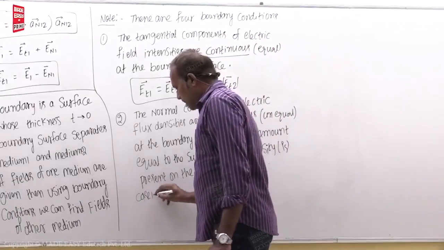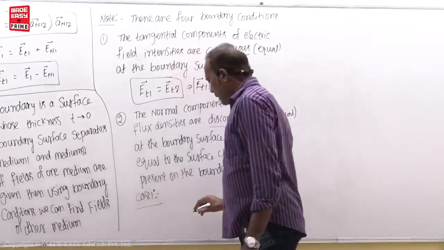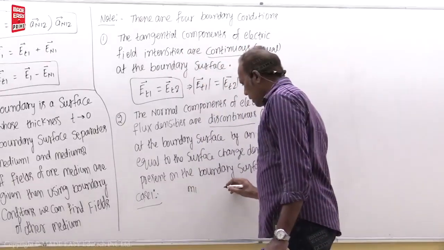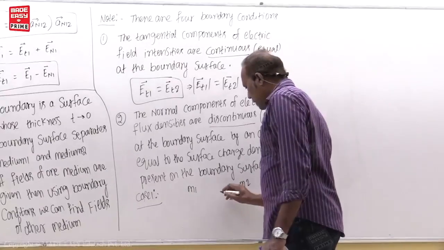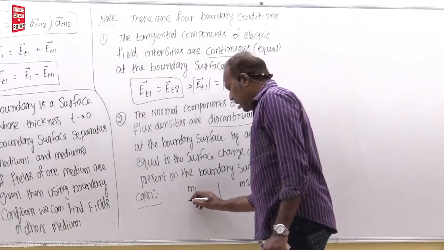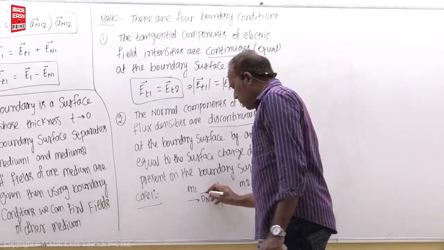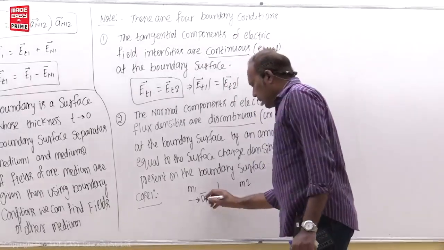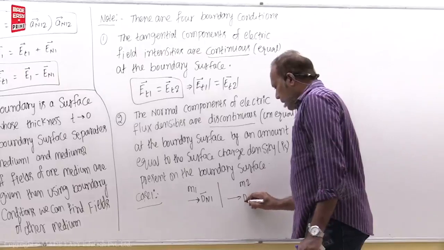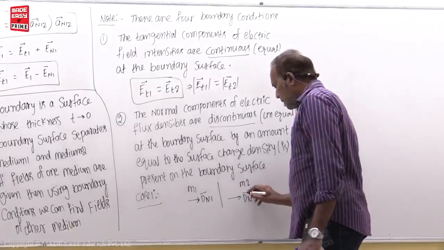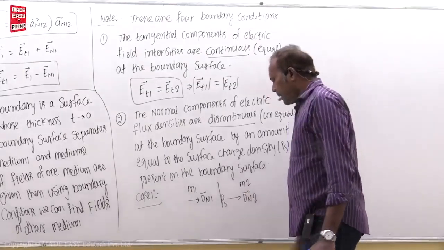Case 1, in the diagram, this is medium 1, this is medium 2. In the examination, for example, in the diagram, if they give Dn1 like this, arrow mark is given like this, and similarly Dn2 is like this, then rho s is present here.